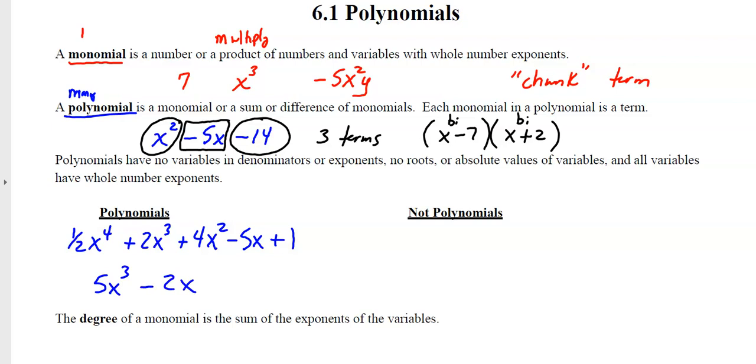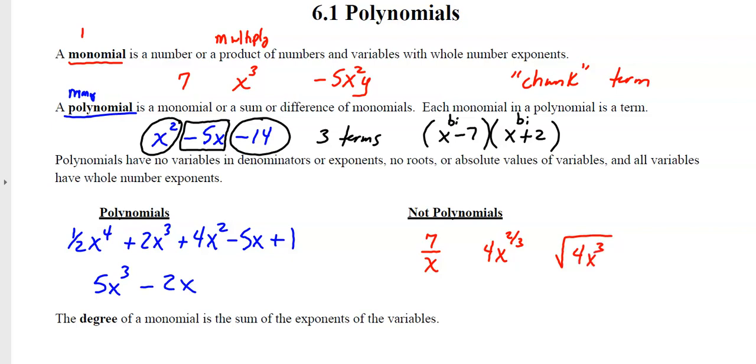Now, here are some things that are not polynomials. All right, not polynomials would be something like 7 over x. That's not a polynomial when you have an x in the denominator. Or if you do like 4x to the 2/3 power. That 2/3 is a problem there. All right, that's a fraction exponent, not allowed. You can't do like the square root of 4x to the 3rd.